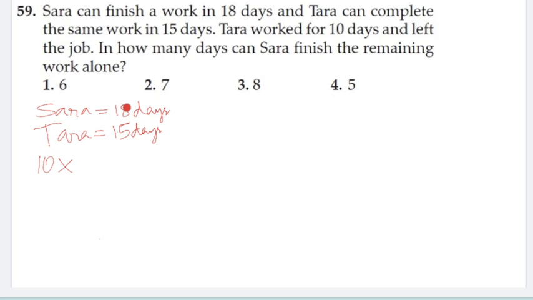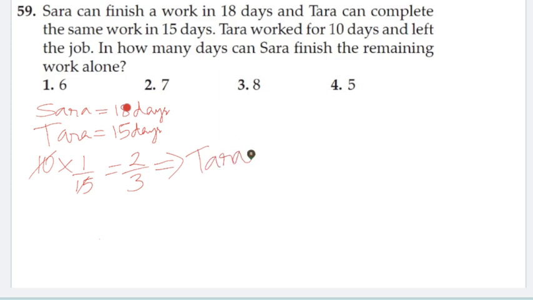So we can multiply that 10 days with 1 by 15 to know how much work she has completed. On cancelling 10 and 15 we get 2 by 3. So Tara has done 2 by 3 of the job.